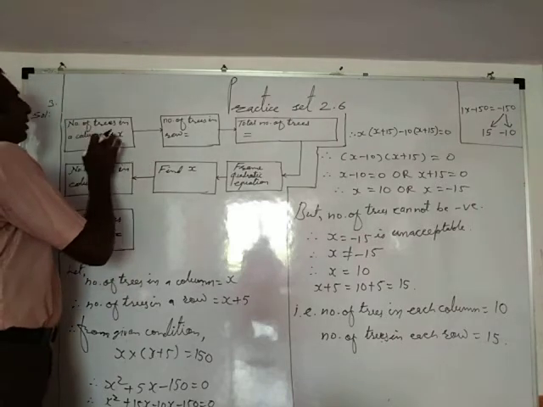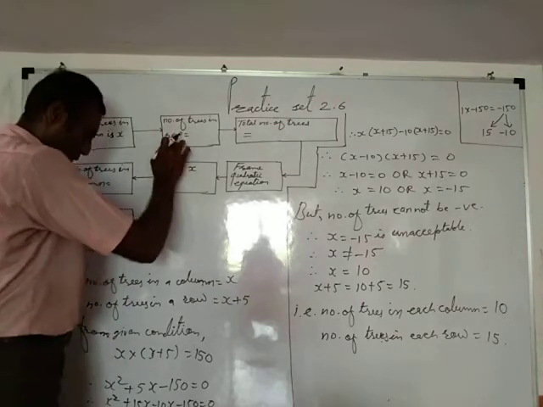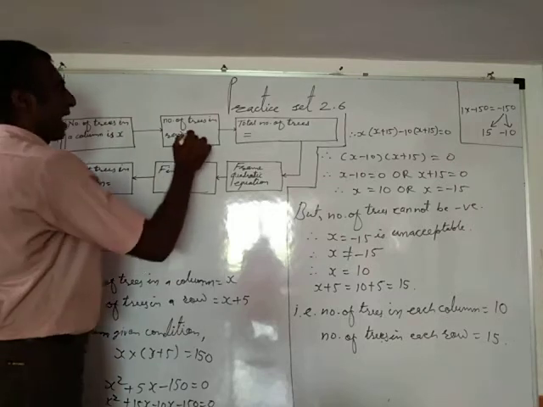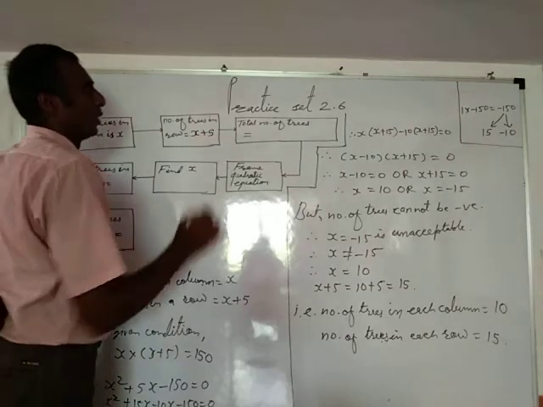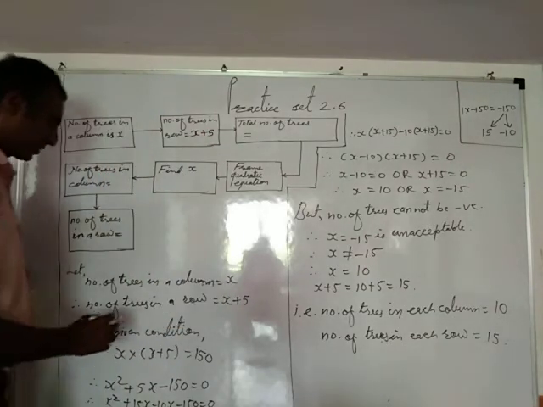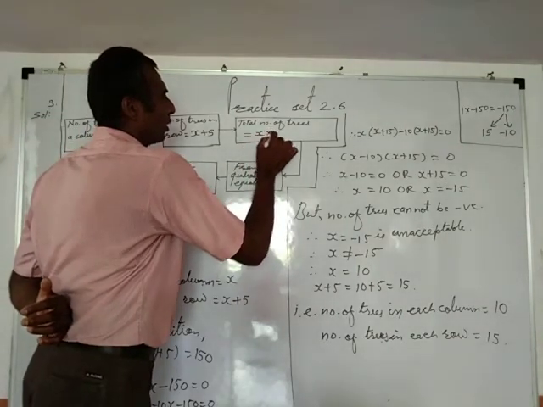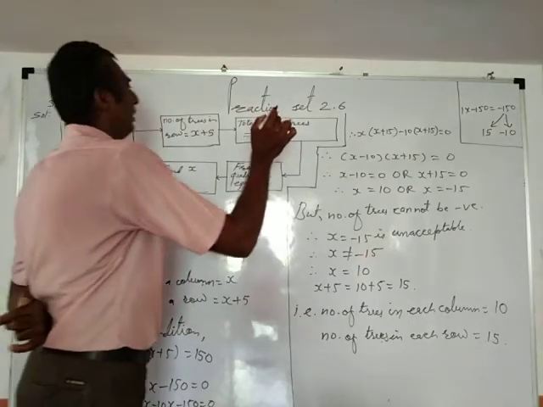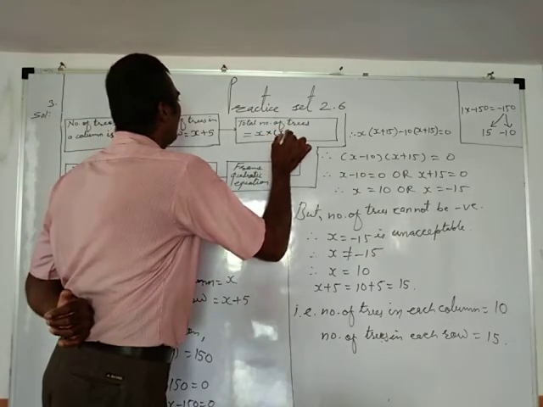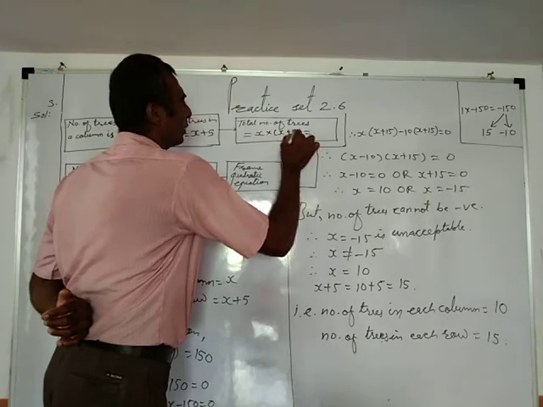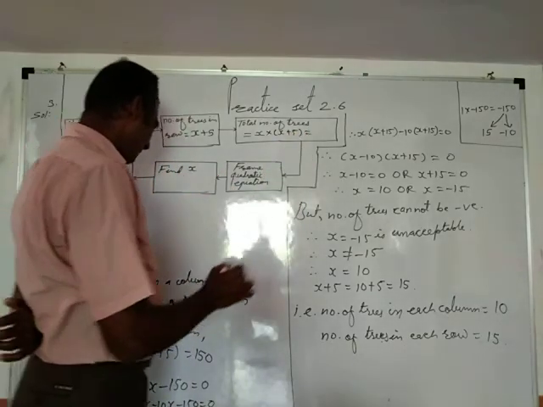The number of trees in a column is x, and the number of trees in a row we consider as x plus 5. The total number of trees, that is the number of trees in a column into the number of trees in a row, equals how many?